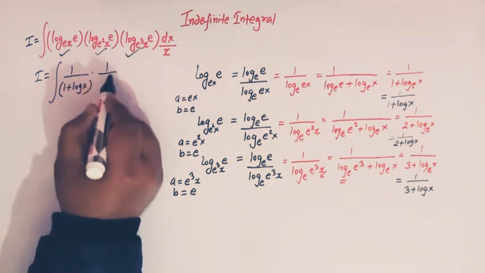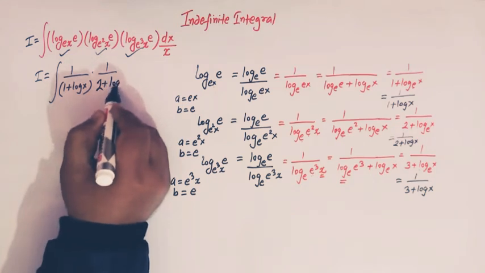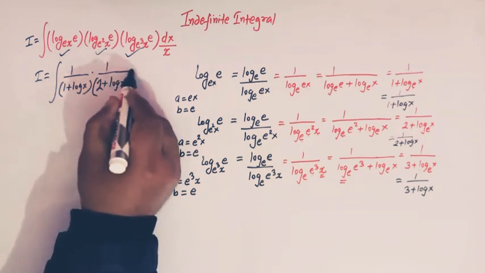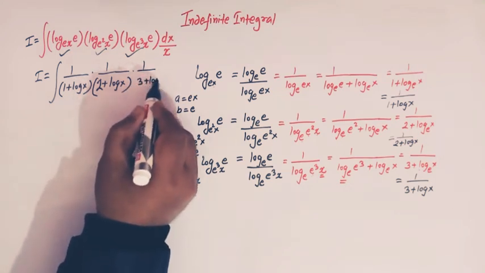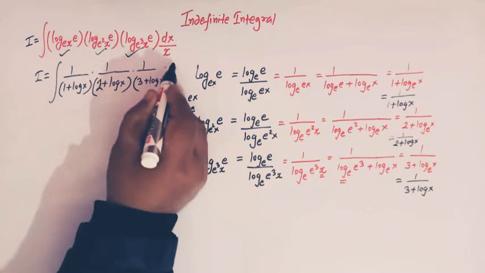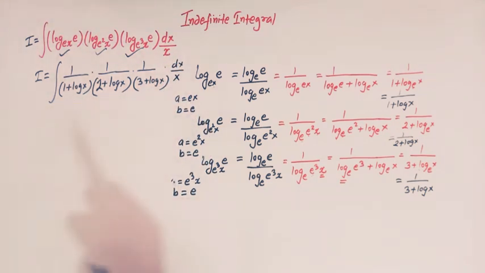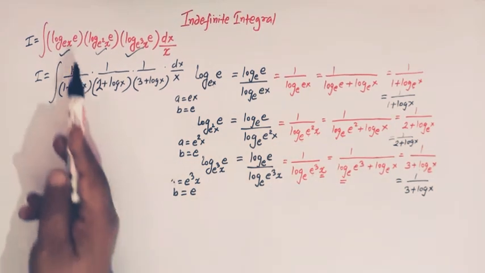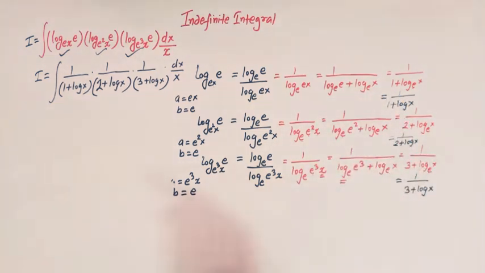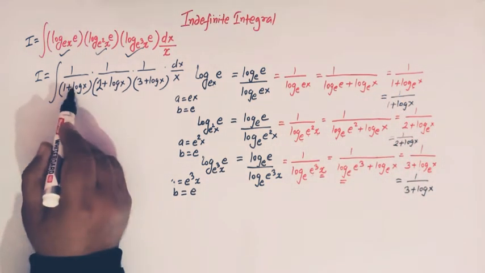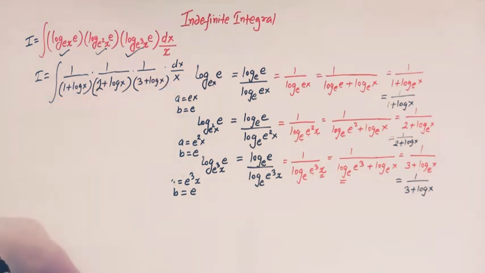Then we have 1 over 1 plus, here we'll have 2 plus log x, and then we have 1 over 3 plus log x, and here we have dx over x, right? So this is how we can simplify the integrand in this way, right? Okay, so now we have here 4 terms, and we have to evaluate this integral.